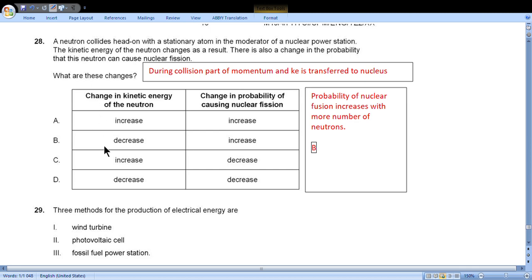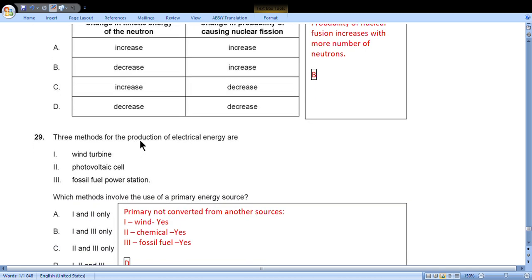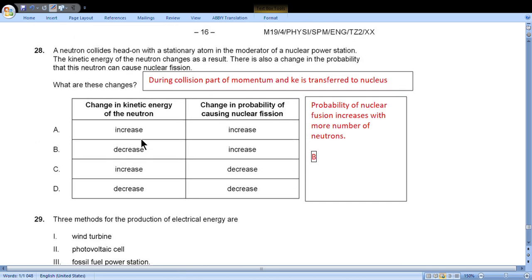So it is choice B. The kinetic energy of the neutron decreases. So kinetic energy should be conserved and part goes to the atom.